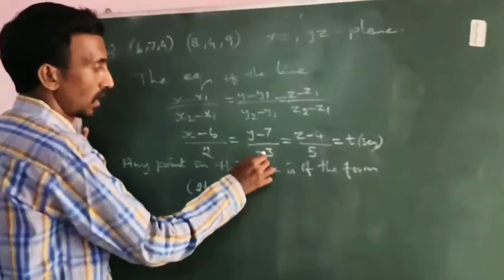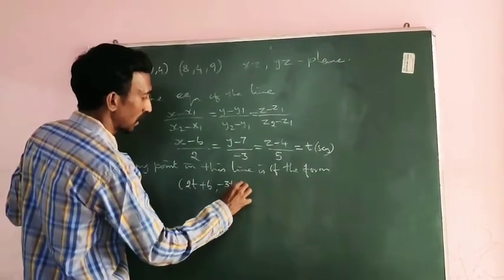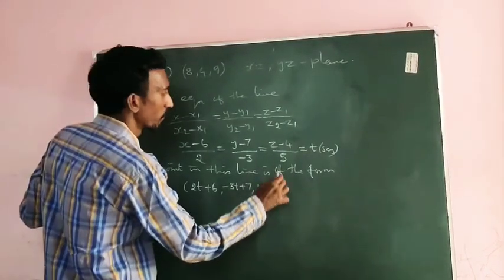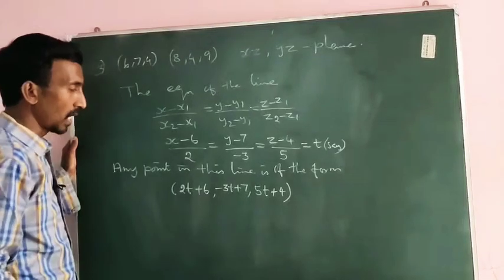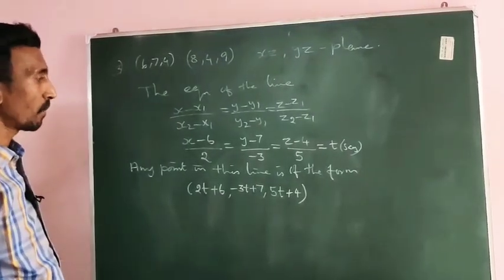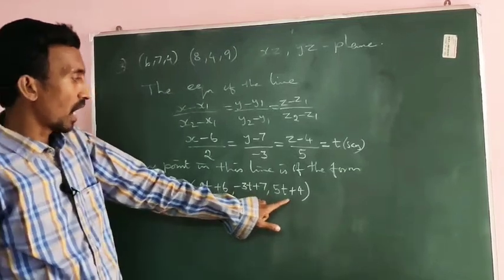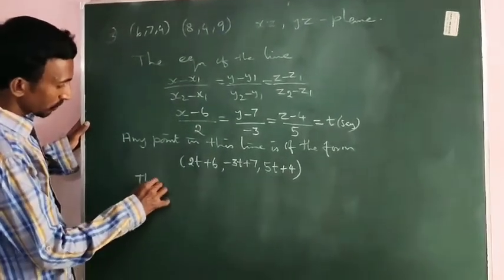Next, y equals minus 3t plus 7. Similarly, z equals 5t plus 4. So any point on this line is of the form (2t plus 6, minus 3t plus 7, 5t plus 4).